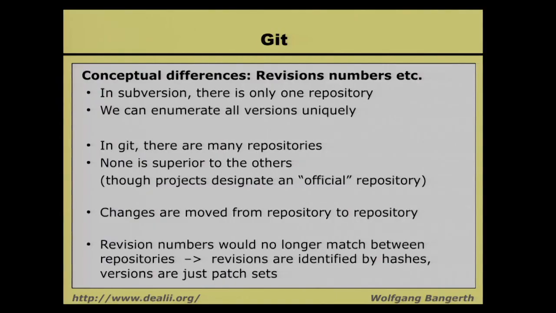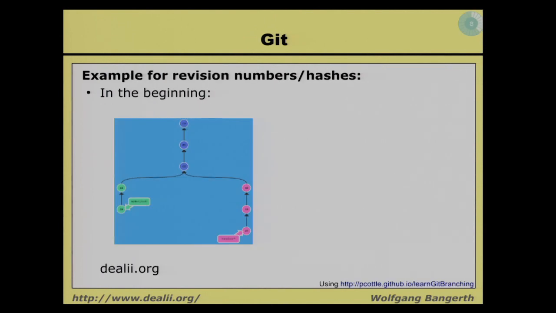In Git, that means that instead of revision numbers, we identify revisions, or actually maybe patches is the better term. We identify patches by hashes. I'm going to show this to you in a second.